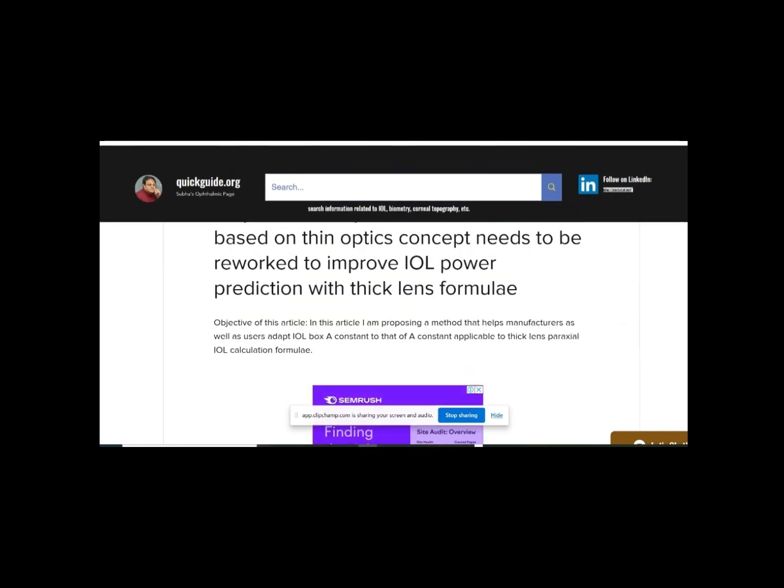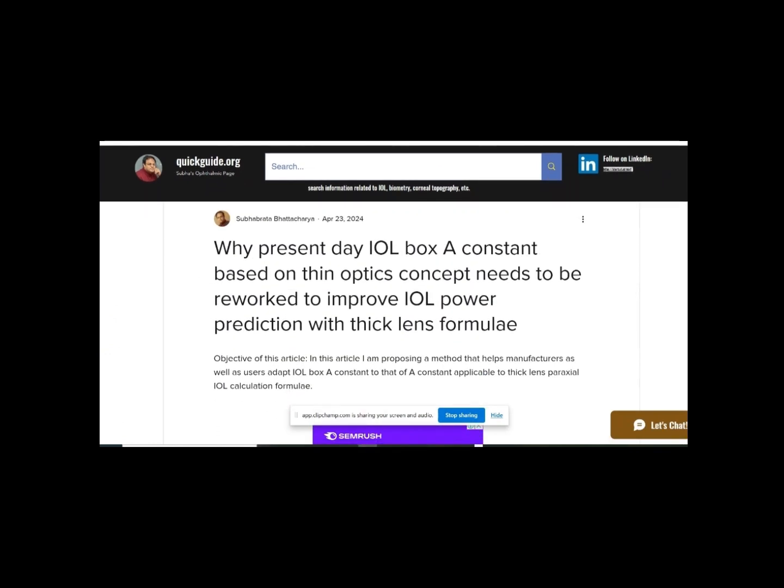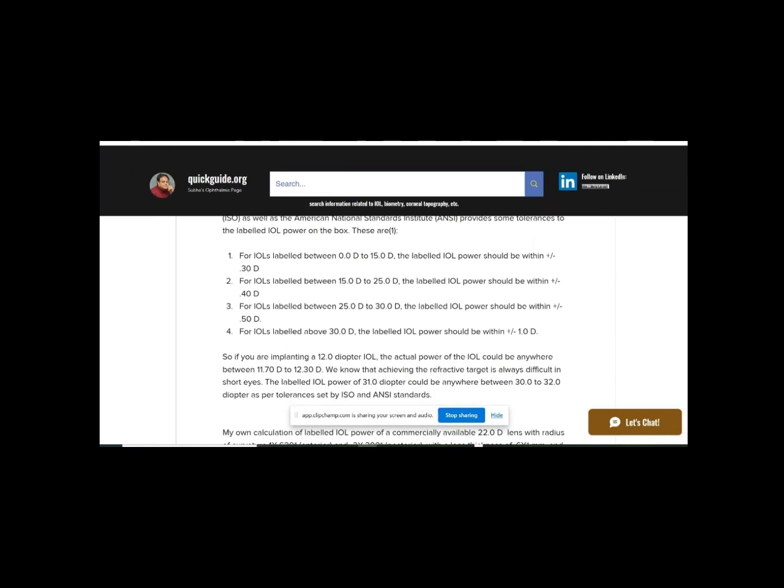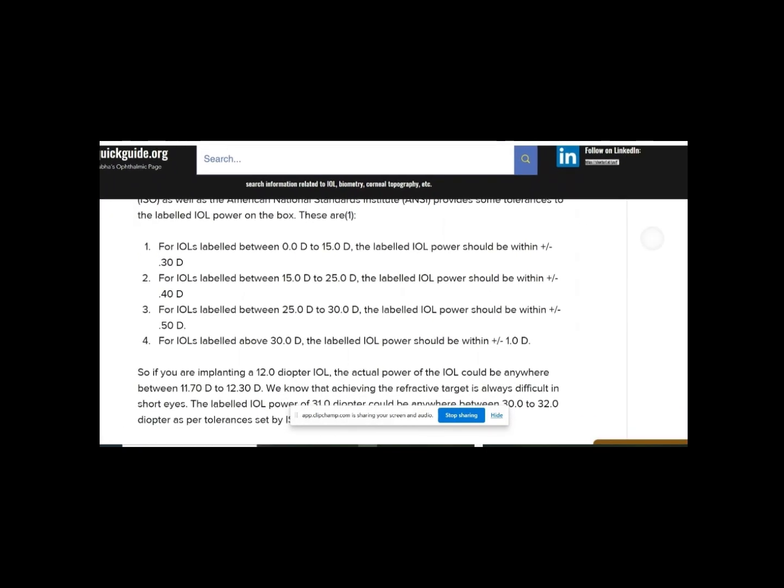Actually, there are a few articles over here which give you an understanding about the thick lens and thin lens formula. Based on this, you will also understand that in the US FDA regulations, it is legal to have a variation of 0.3 diopters between 0 to 15 diopters of IOLs. You can have 0.4 diopters of variation in IOL power between 15 to 25 diopters.